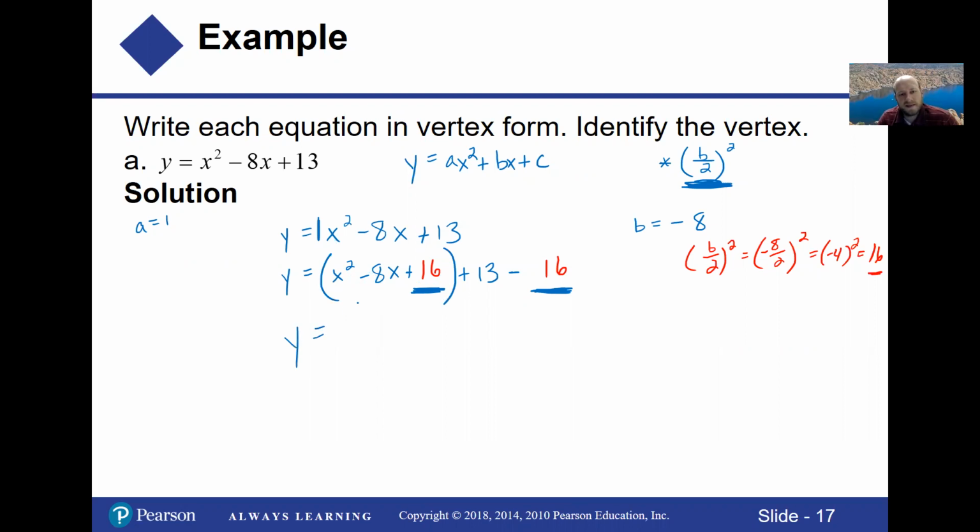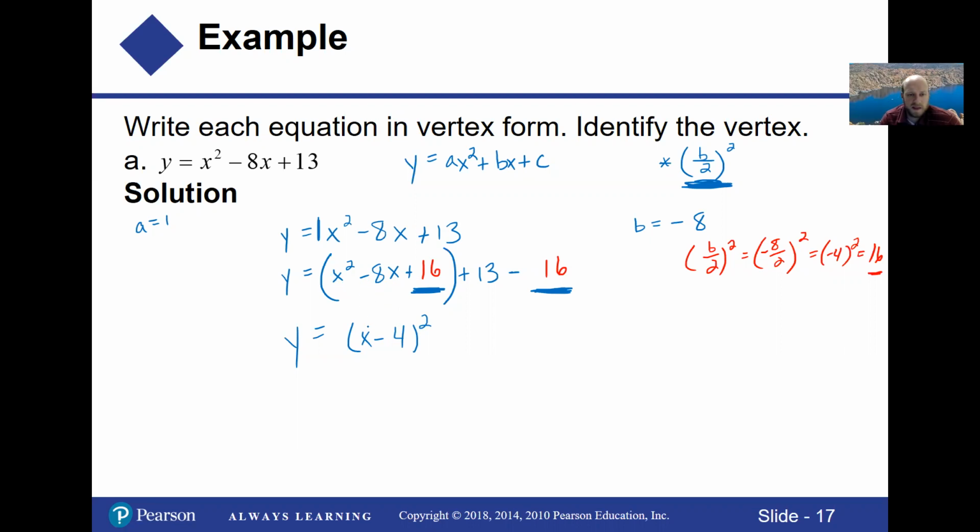This is our perfect square trinomial, what we call it, where x squared is a perfect square and 16 is a perfect square. When I have that, I can write it as x minus 4 squared. Remember, we took a kind of shortcut.